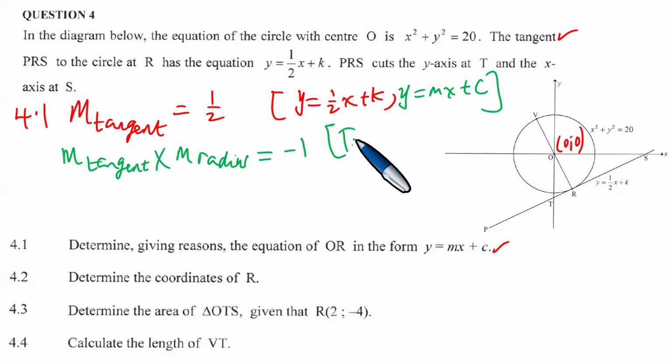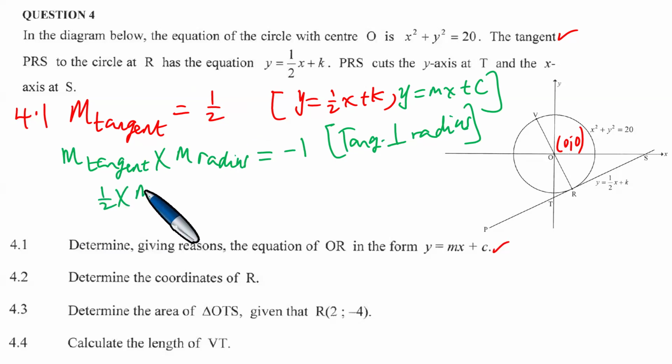Because a tangent is always perpendicular to a radius at the point of contact. This tangent has gradient 1/2, so the gradient of the radius is -2.